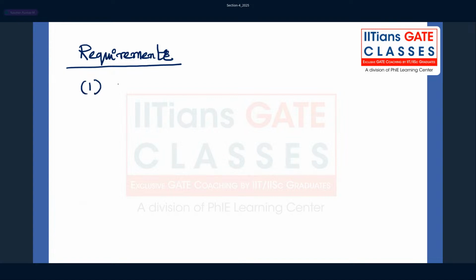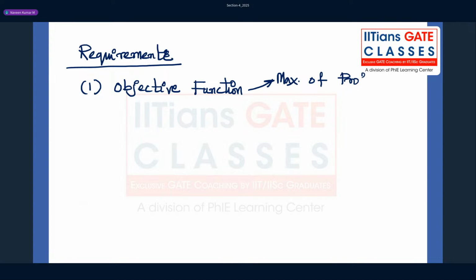First, we have to have an objective function, maybe maximization of profit, or we can write it as minimization of loss.